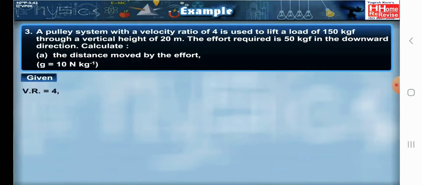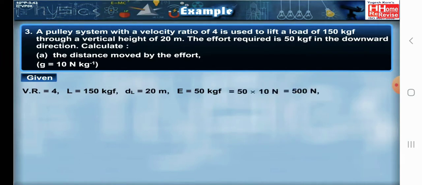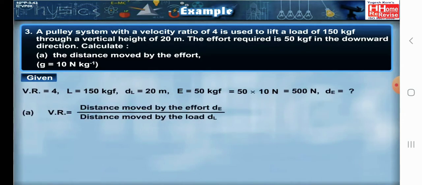Given velocity ratio is equal to 4, L is equal to 150 kgf, DL is equal to 20 meters, E is equal to 50 kgf, which is equal to 50 into 10 Newton, which is equal to 500 Newton. What is DE? A. VR is equal to distance moved by effort DE upon distance moved by load DL, or 4 is equal to DE upon 20.